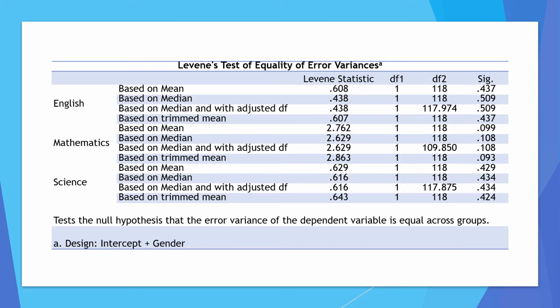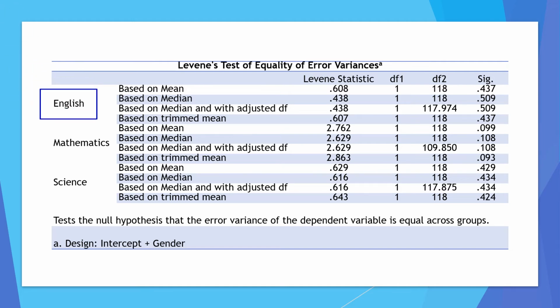Refer to this Levene's Test of Equality of Error Variances table. The null hypothesis of this table is that the error variance of the dependent variable is the same between the groups. The error variance of the dependent variable is equal across groups. Please refer to the significant values based on mean for all three subjects. If the significant value is greater than 0.05, it indicates the null hypothesis is accepted.